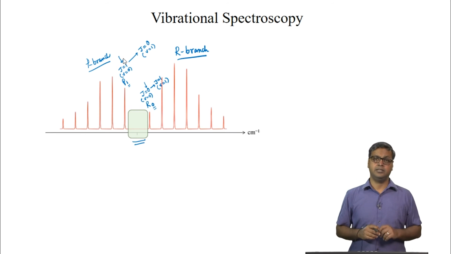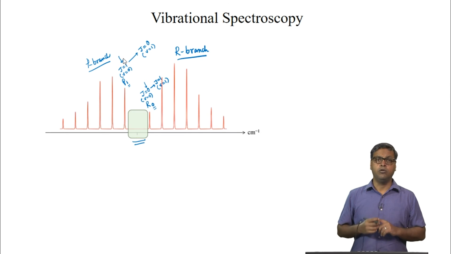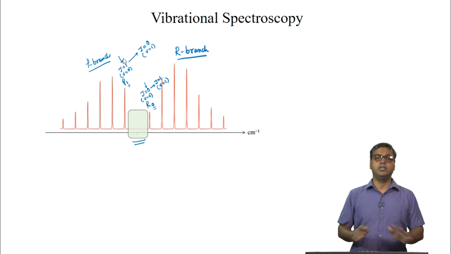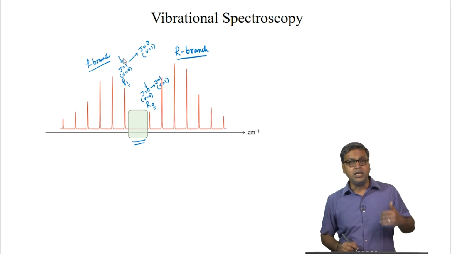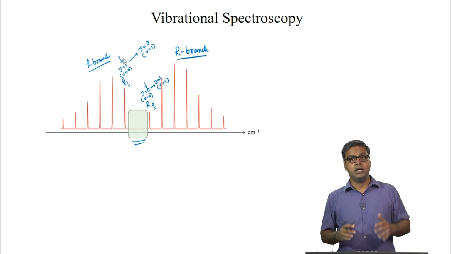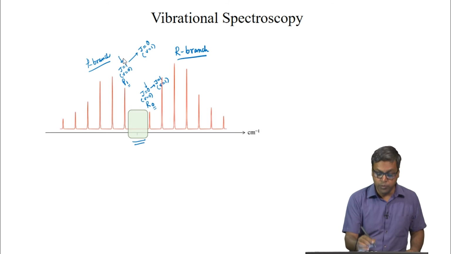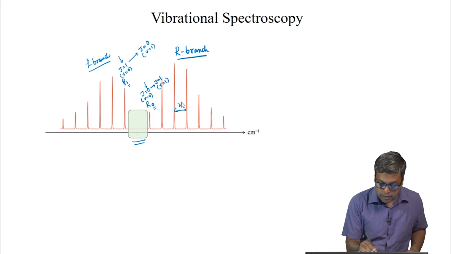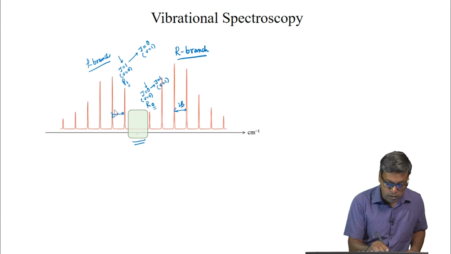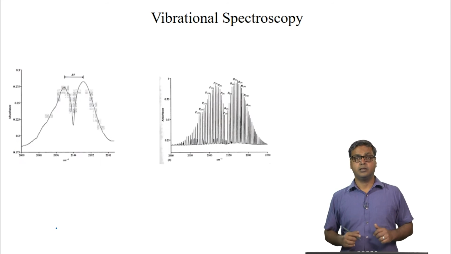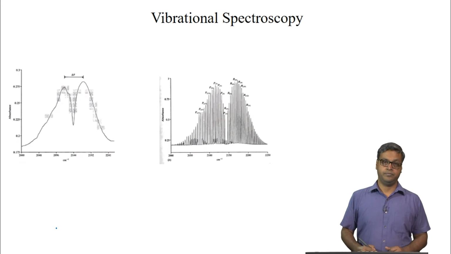In this analysis, where we have ignored the centrifugal distortion, the spectral lines are evenly spaced. The distance between any two spectral lines, ignoring the gap at the band origin, is 2B. So, this explains the carbon monoxide spectra.